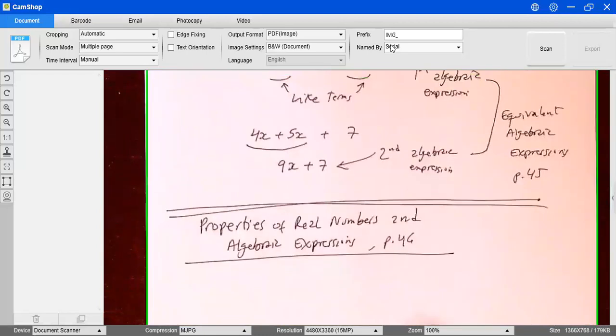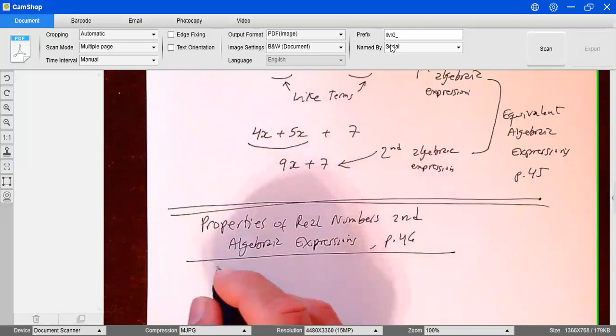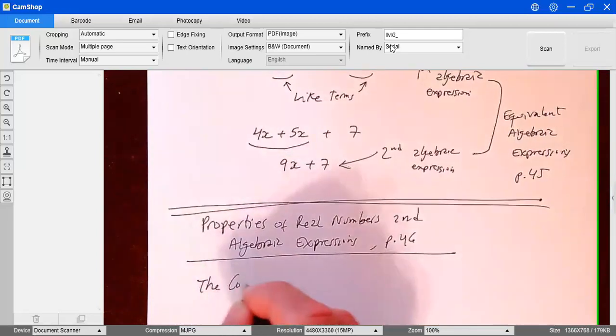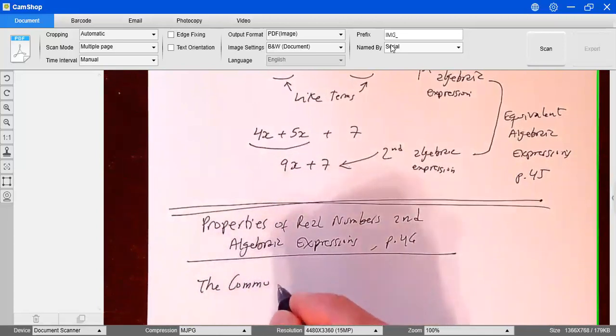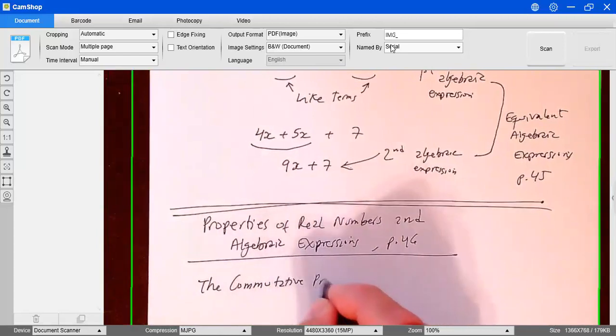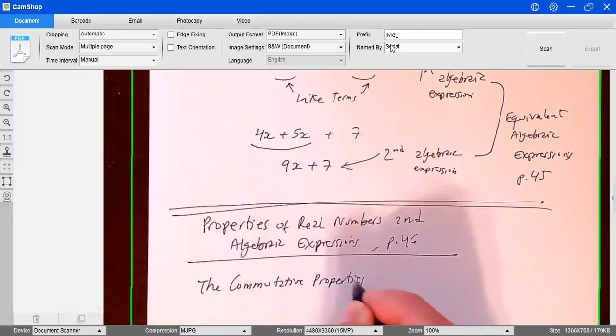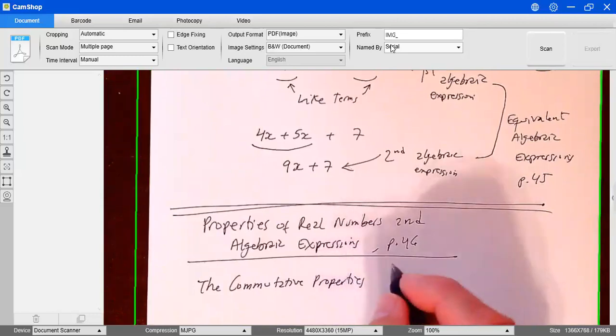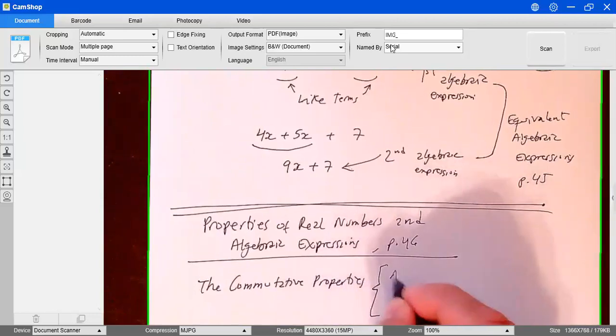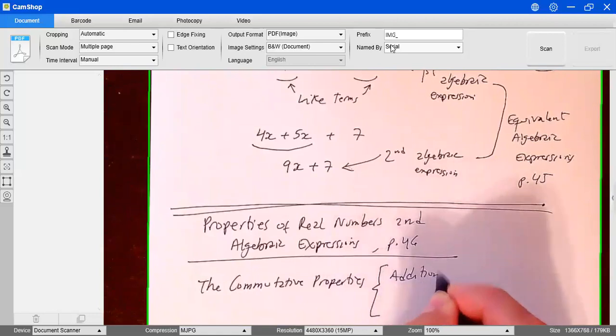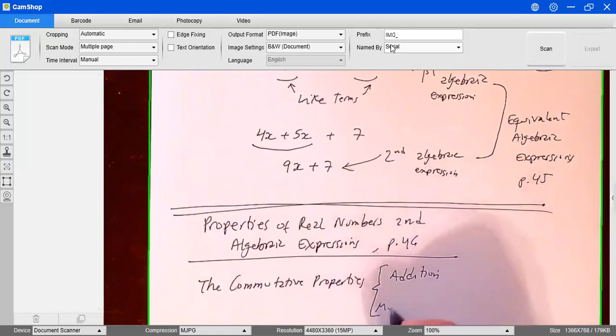So this part of the section is important. There are two properties that are the commutative properties. So there are for addition and there are for multiplication.